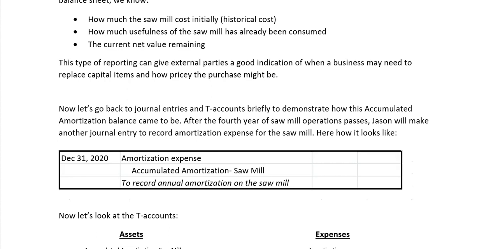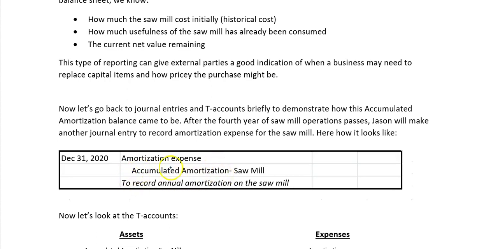We have a date, 1 year after our last amortization journal entry for the sawmill. We have amortization expense as our debit. This is our big bucket expense account that's going to encompass all the amortization expense in the company and show it on the income statement.